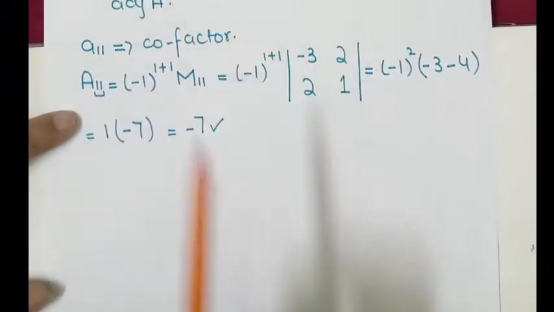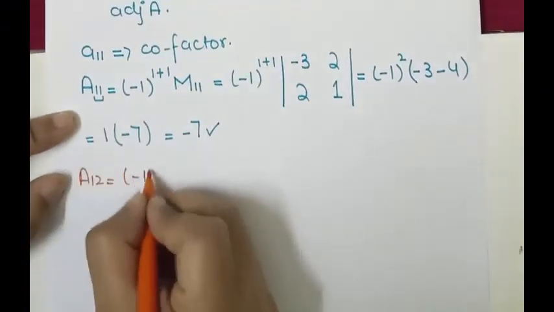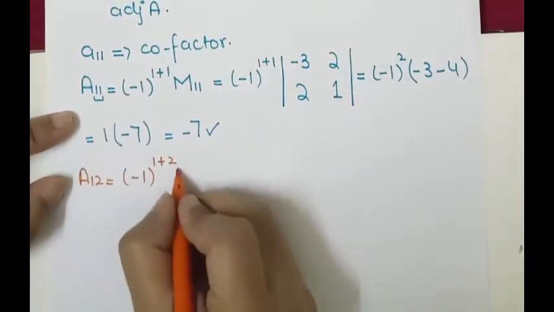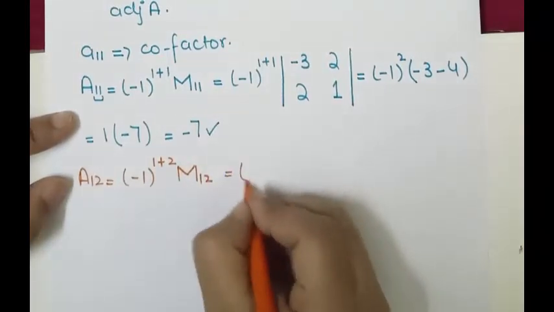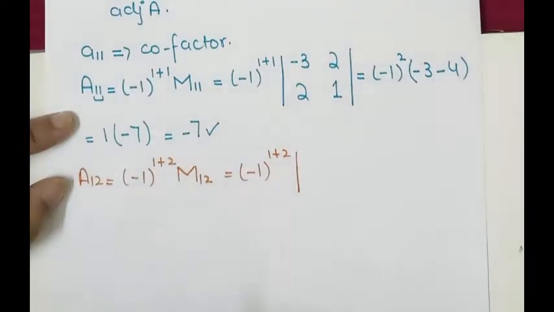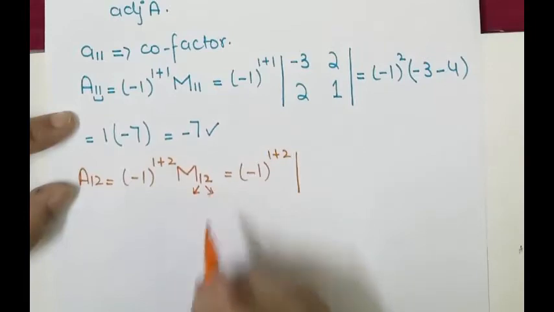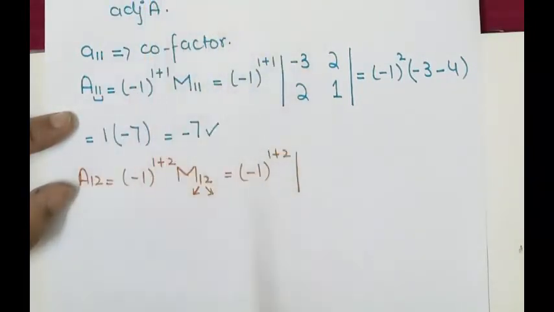Next we will find the minor of A12, which means -1 to the power 1 plus 2, and minor M12. Minor M12 means we will ignore first row and second column.